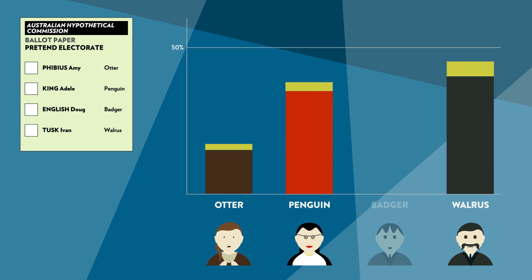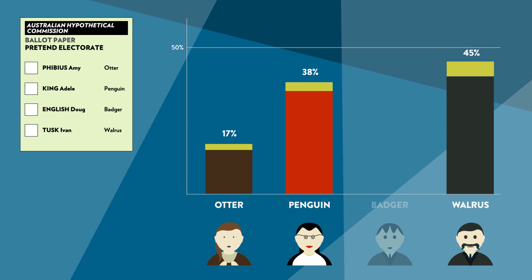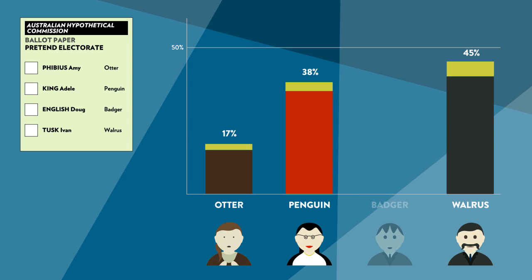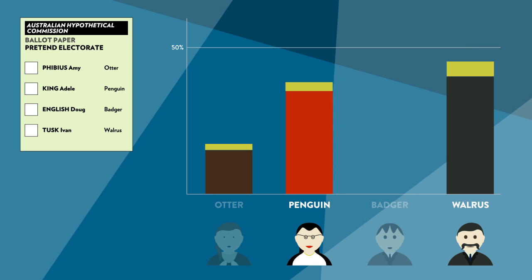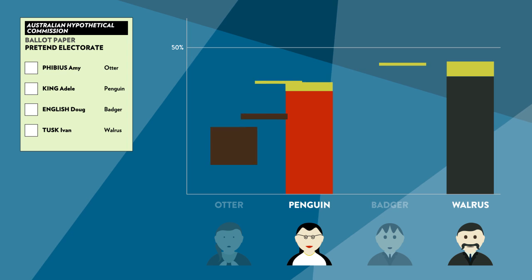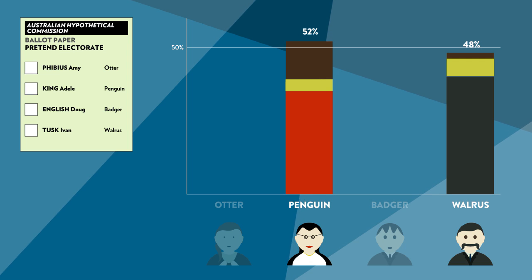Let's say that most of their preferences go to the Walrus Party, but some also go to the others. There's still nobody with half the votes, so they drop off the Otter Party and do the same thing. Now, some of these were votes that were originally given to the Badgers and then to the Otters. These people have their third preference, but it still counts for a full vote.